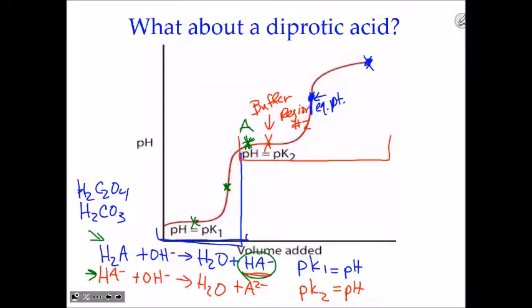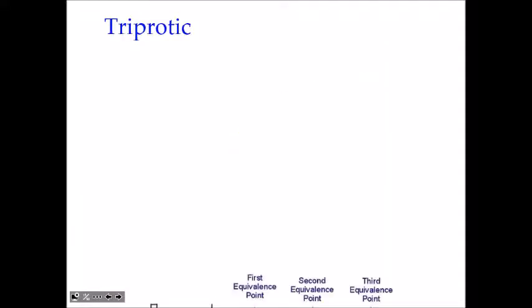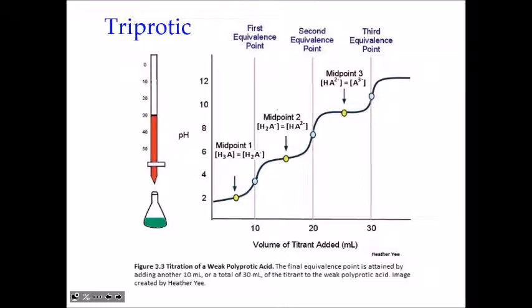What is the difference, though, between a diprotic and a triprotic, do you think? So this is what the triprotic one's going to look like. You have 3 curves on it, 3 midpoints, 3 pKa's that will give you the pH of the midpoints. It's 3 steps now.